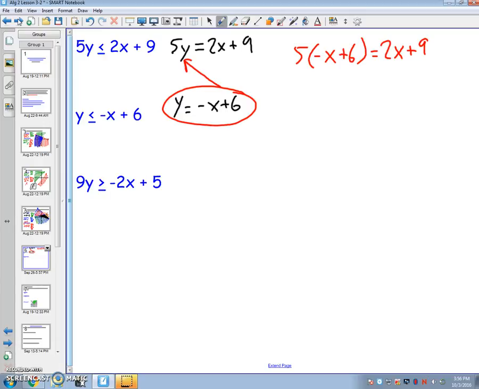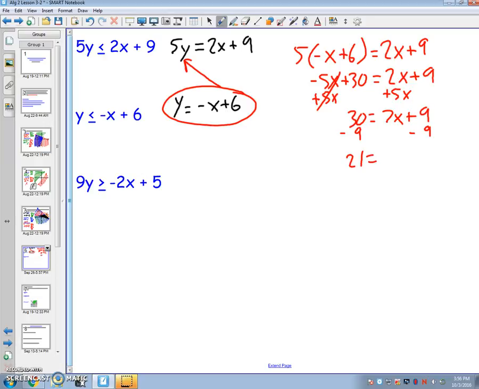I'm going to distribute, so negative 5x plus 30 equals 2x plus 9. I'm going to add 5x to both sides. 30 equals 7x plus 9. I'm going to subtract 9 both sides. 21 equals 7x. And I'm going to divide by 7. X equals 3.